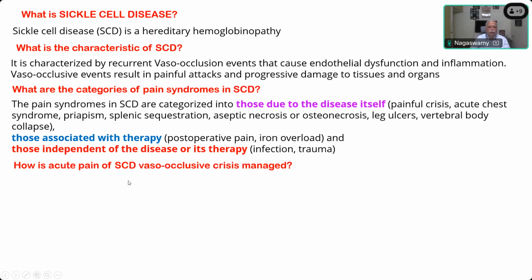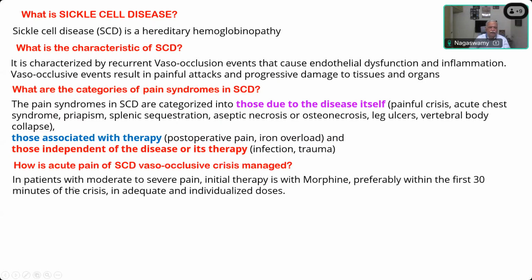How is acute pain of this vaso-occlusive crisis managed? Hydroxyurea, sir. Only one thing? Hydration, oxygen. All the things. In patients with moderate to severe pain, initial therapy is morphine, probably within the first 30 minutes.